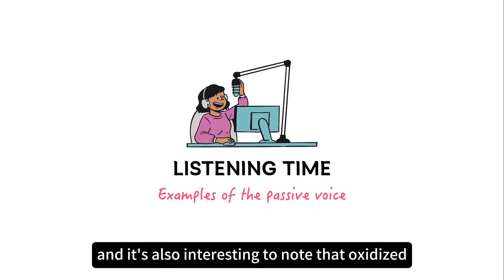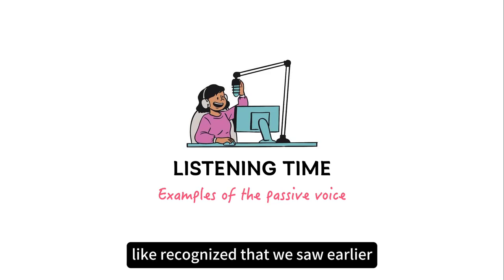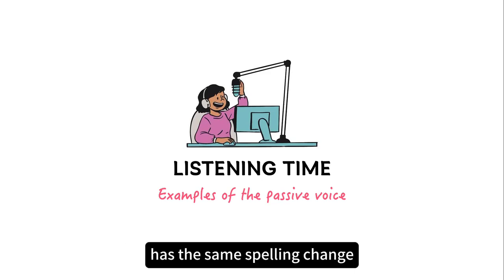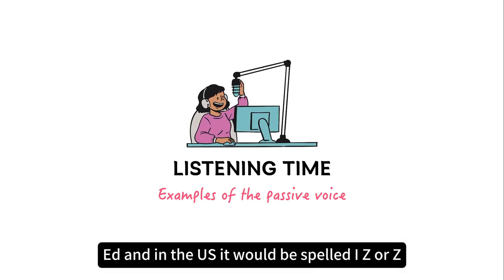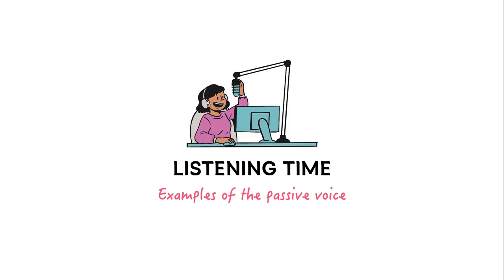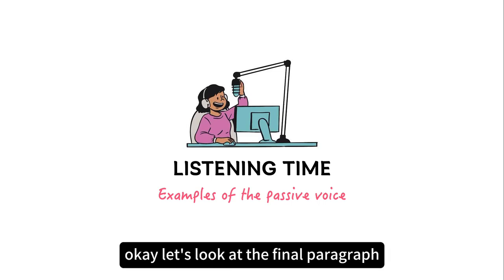And it's also interesting to note that oxidized, like recognize that we saw earlier, has the same spelling change. So in the UK, we spell that I-S-E-D, and in the US, it would be spelled I-Z-E-D. That's right. Okay, let's look at the final paragraph.